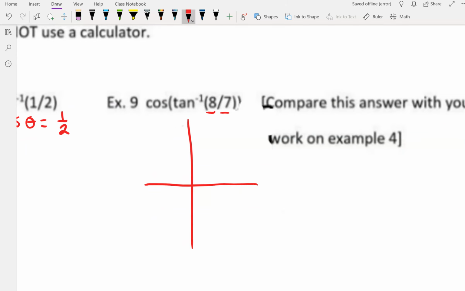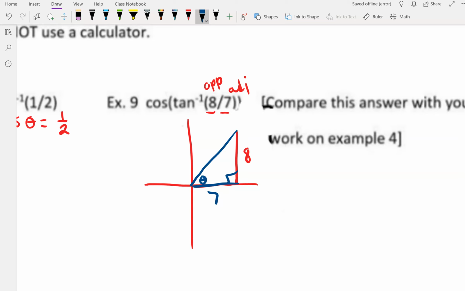So remember, tangent is opposite over adjacent. So my opposite is going to be 8. And my adjacent is going to be 7. And this would be theta.